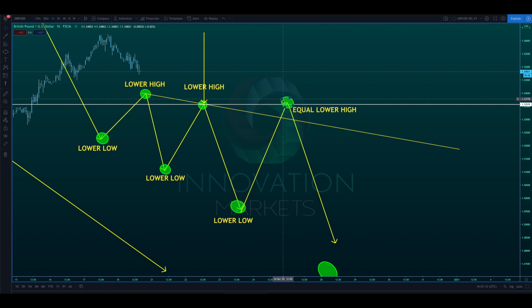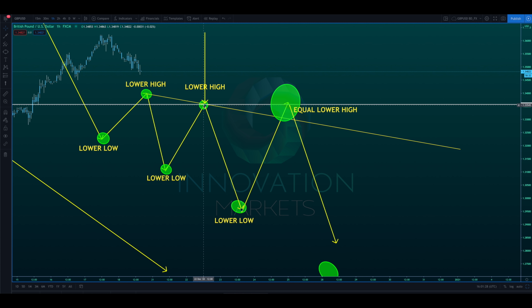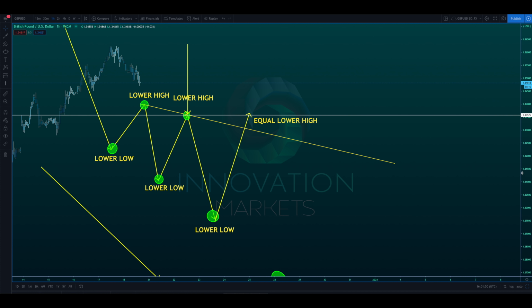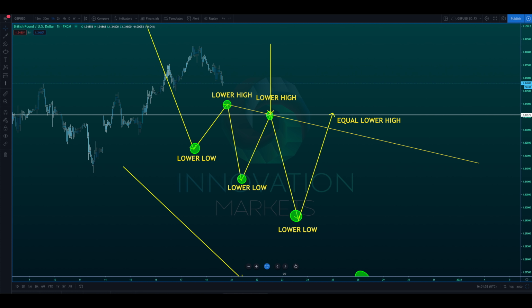They're not realizing that if they look left, we've got this equal lower high over here, and without this being broken, there is no downtrend invalidated. So what's happened here now is that price has pushed back down and it's broken below the trend line, and this trend line then gets adjusted. So it's very, very important to understand that breaking a trend line does not mean breaking a trend, and we're going to show you some real life examples of that shortly.